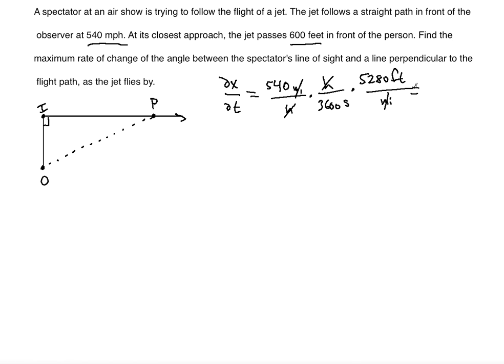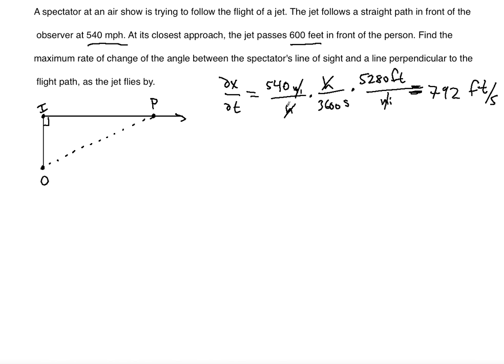As a result, let's see what the calculator gives us: 540 divided by 3600 times 5280. That gives us 792 feet per second. Okay, so that's the rate of the plane.